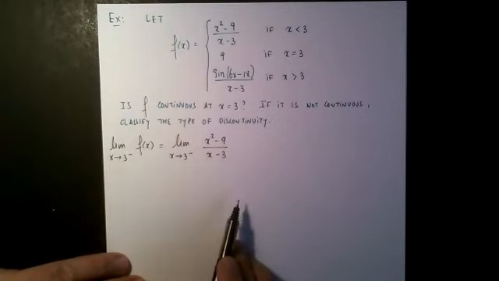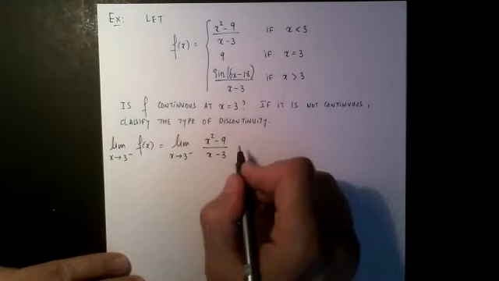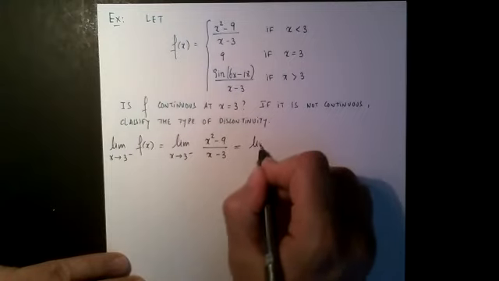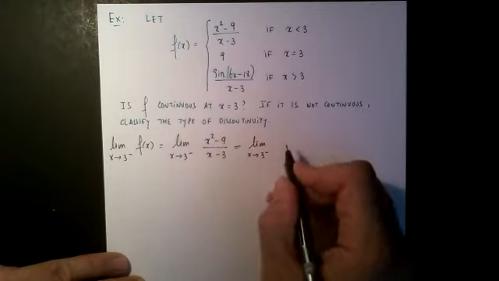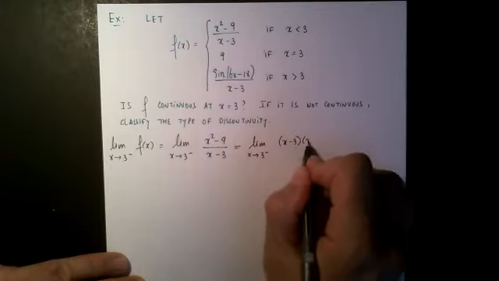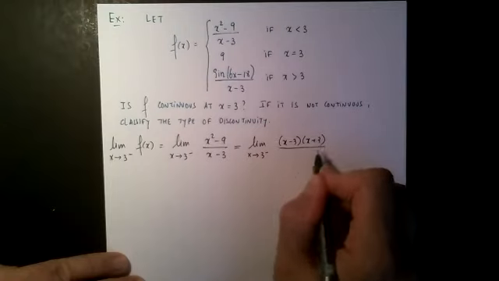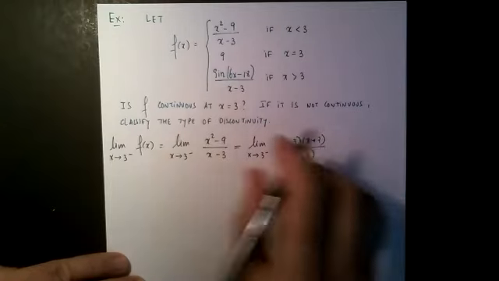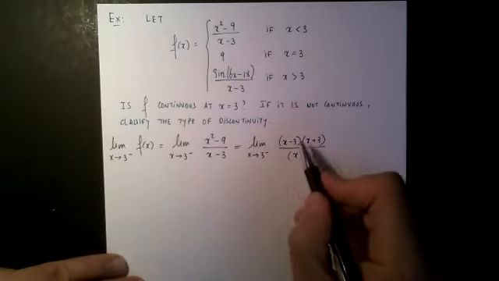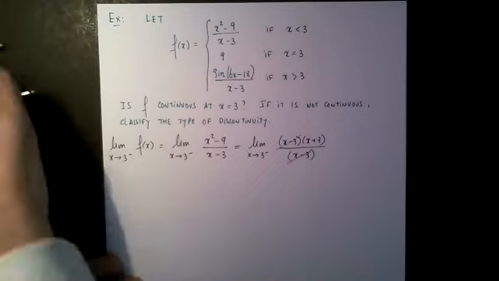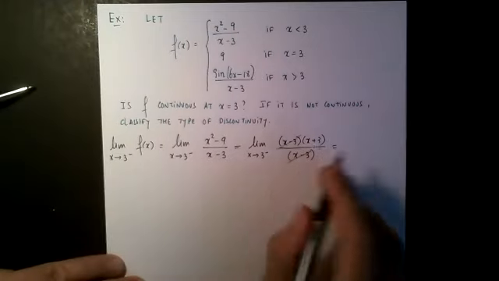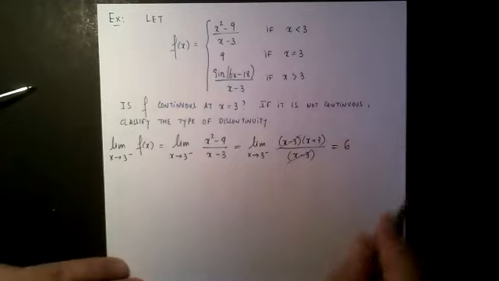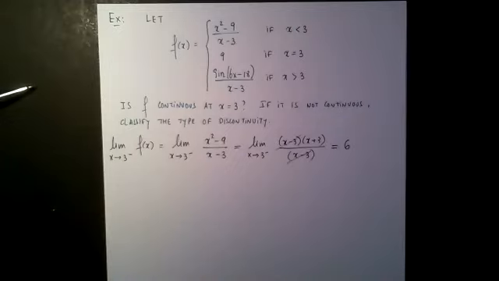So I do a bit of algebra, which is easy in this case, just factor: x minus 3 times x plus 3 divided by x minus 3. I cross out the x minus 3's, and now I plug in 3, I get 6. Any questions? So as x approaches 3 from the left, the function approaches 6.